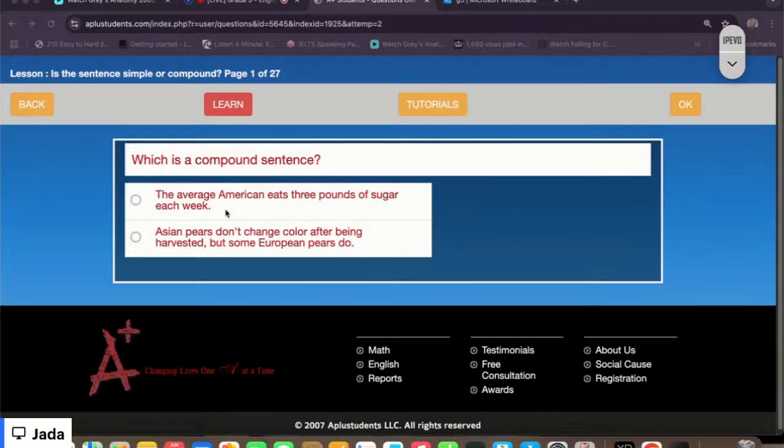Which is the compound sentence? The average American eats 3 pounds of sugar each week.